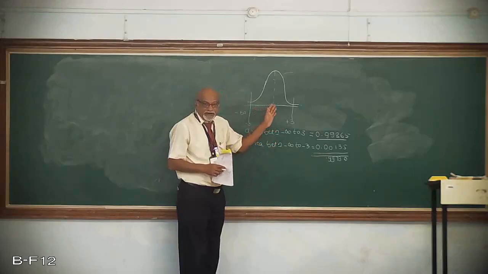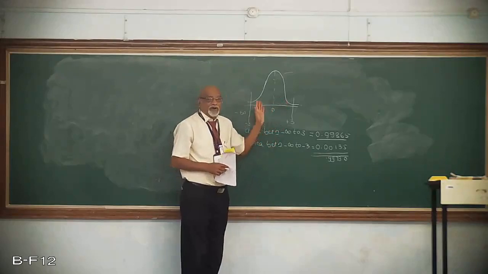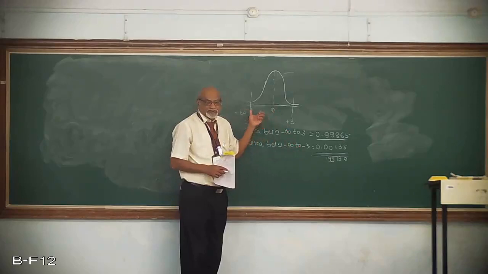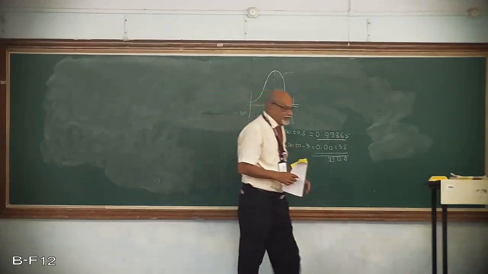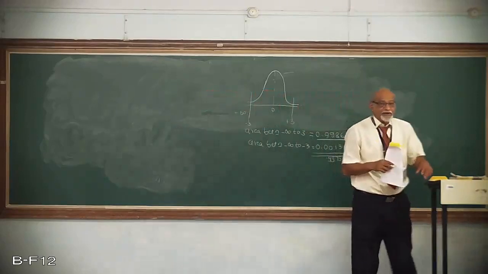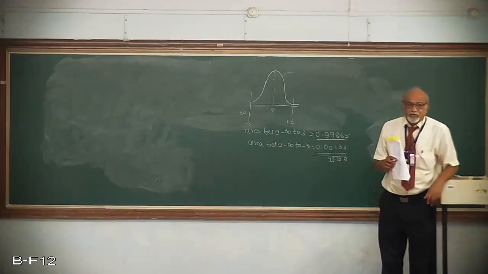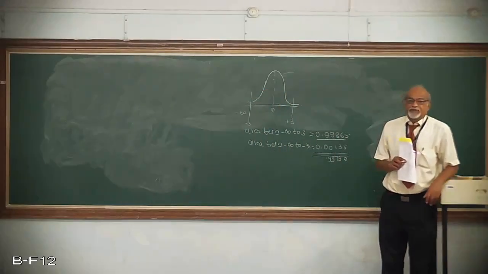So we were finding the ordinate corresponding to this 0.9973. There are two, because if we refer to the normal table, the area under the normal curve always gives probabilities.